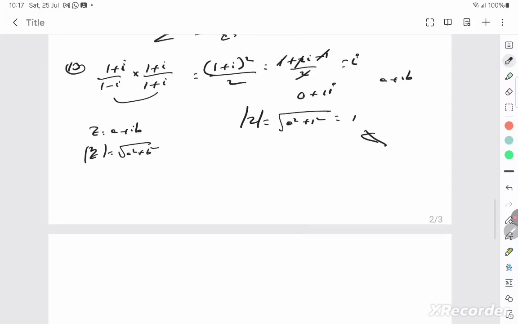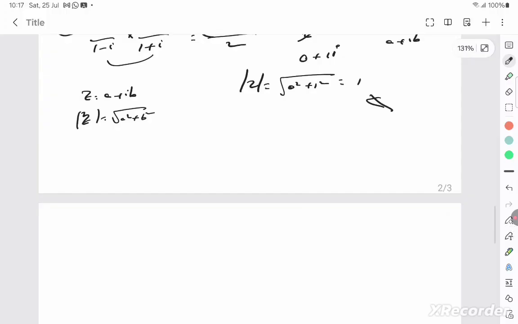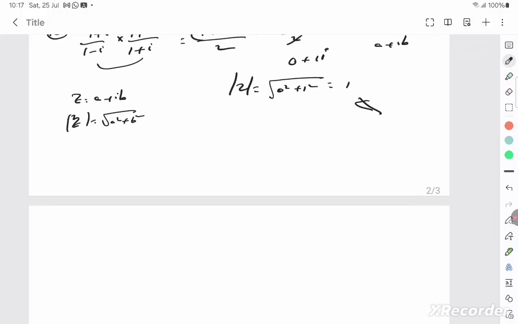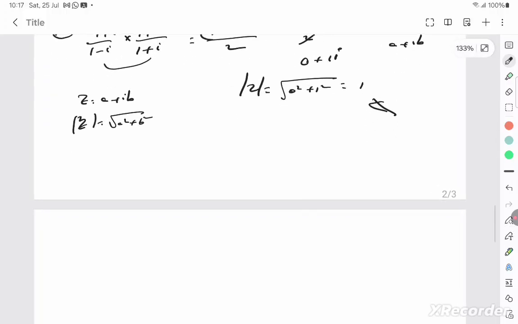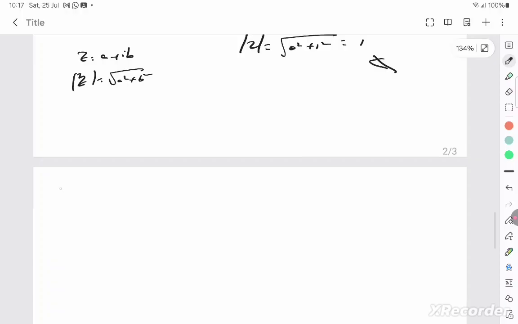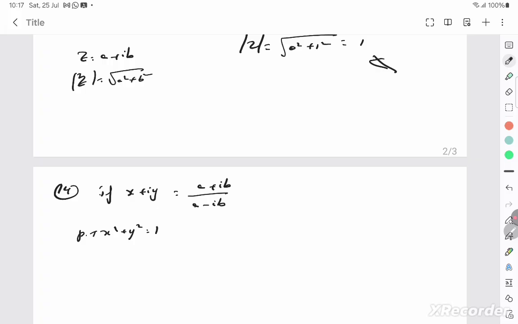So next is this 14th example sum. If x plus iy is equal to a plus ib by a minus ib, prove that x square plus y square is equal to 1. Generally, I'll use properties to do this sum.